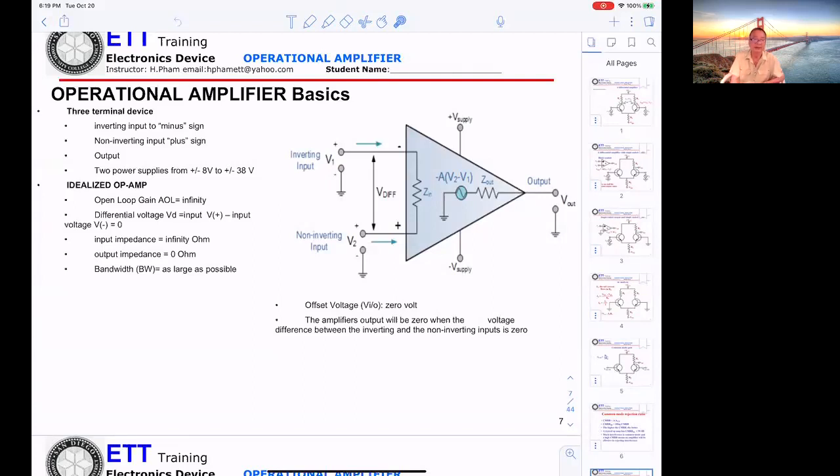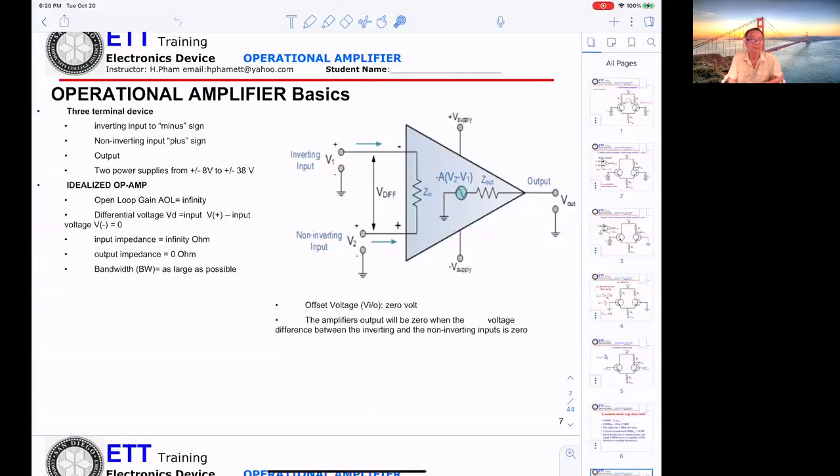Right now, we just get a definition. You get your input to the op-amp. If one goes into the negative input of the op-amp, they call it inverting. The one that goes to the positive, they call it non-inverting.